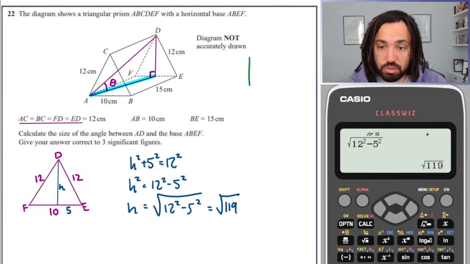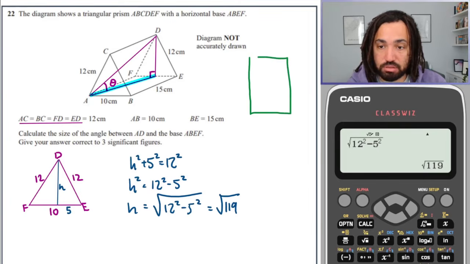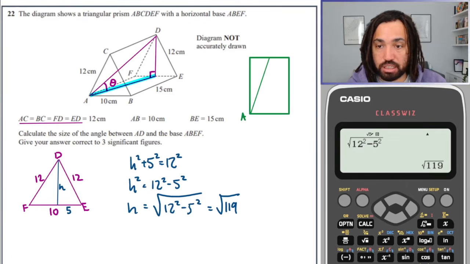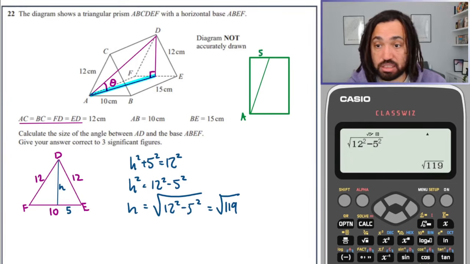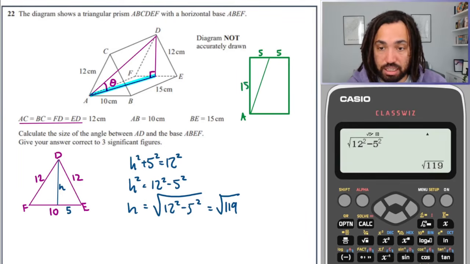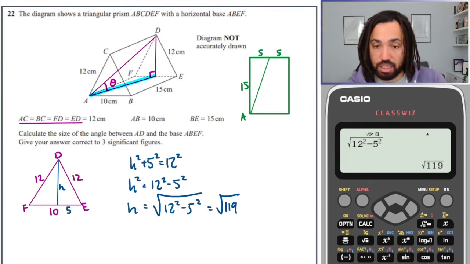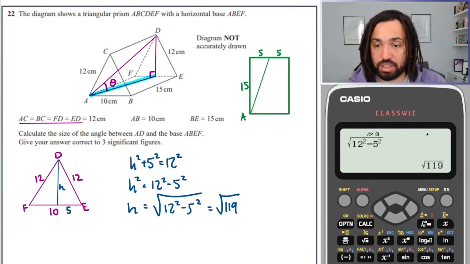So what I need to do is draw the base out, which is a rectangle like this, and I want to go from A in the corner to the midpoint on this side. That's what I want to do. So the midpoint means that that side there will be 5 and 5, and we know that the length of the rectangular base is 15.